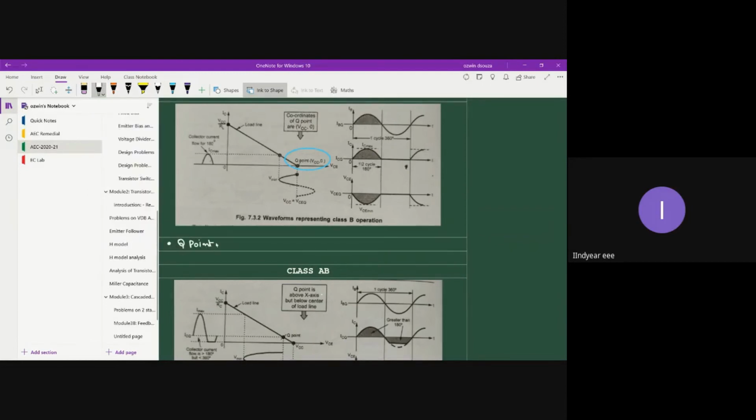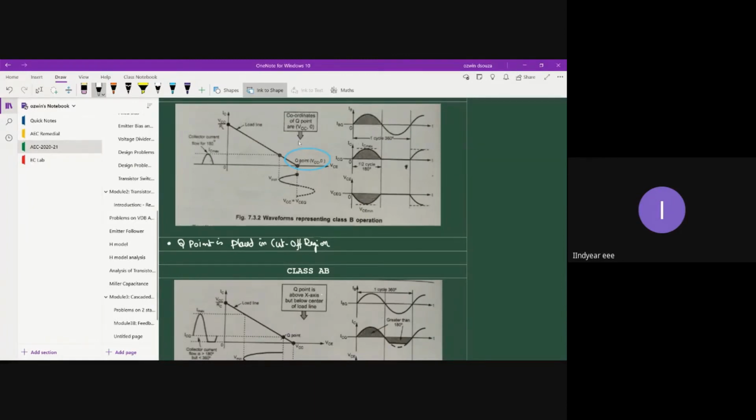Q point is placed in cutoff region. So by placing the Q point in cutoff region, what happens to the waveform? The transistor will be alive only for one half cycle. So for one half cycle, you will have the positive pulse of the base signal.